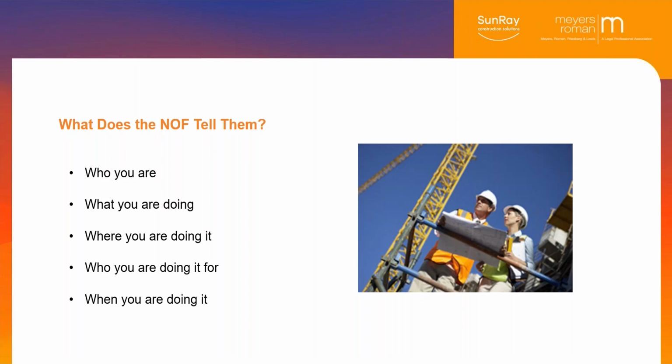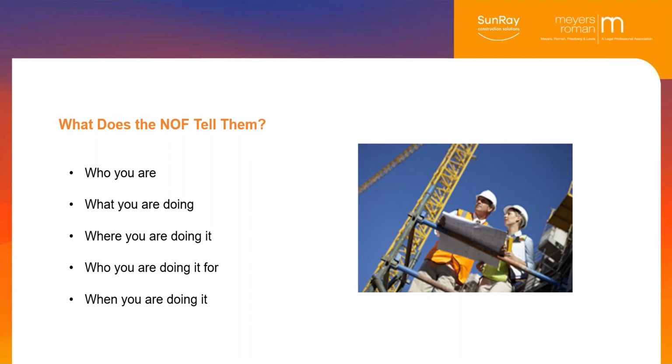So don't just say Cleveland Clinic. You have to be specific enough so the contractor and the owner can say, oh, this is what this is for, to make sure you're getting paid the right amount for the right job. And you also have to say when you're doing it.